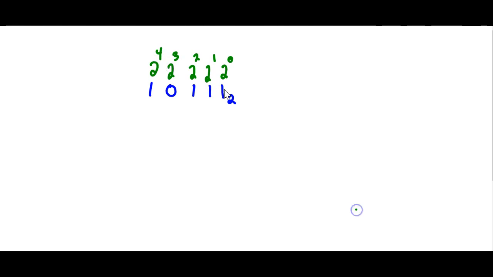So when I look at this, this is like saying 1 times 2 to the 0 plus 1 times 2 to the first. And my hand's making all these marks down here. Sorry about that. Plus 1 times 2 to the second.